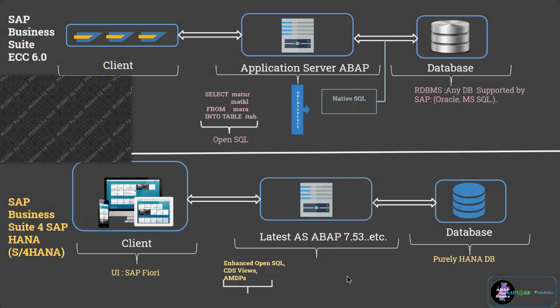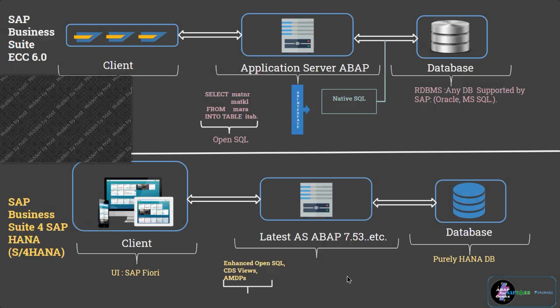Try to create a Fiori application by using CDS views or data services in CDS views, and try to use the latest syntaxes like enhanced OpenSQL, where you can include case statements or do some calculations in the query itself, right? With AMDPs, you write the query in SQL script, not in ABAP language. You write in SQL script that is directly executed on the HANA DB.